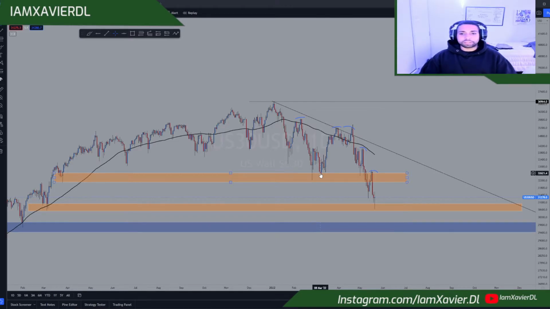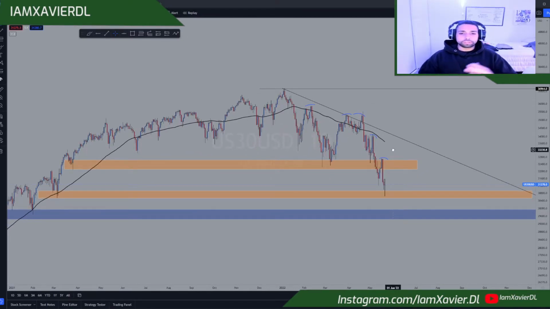We have to understand that the more touches a demand zone gets, the weaker it ends up being, and that's exactly what happened on the daily time frame. It ended up breaking, but there are more reasons on the lower time frame why we could have taken advantage of this move without even having this weekly level of demand present. So, just to clean up the chart, I will be taking that out.